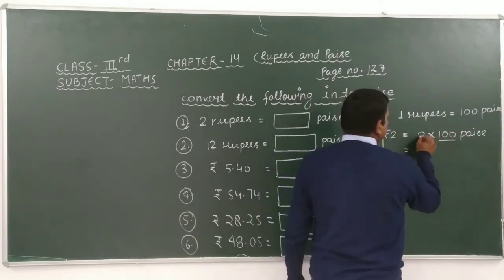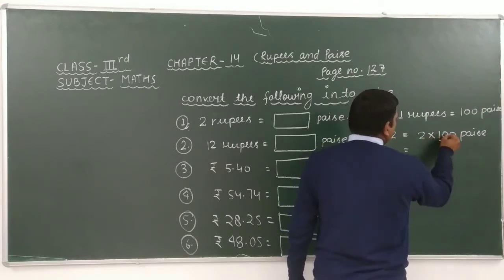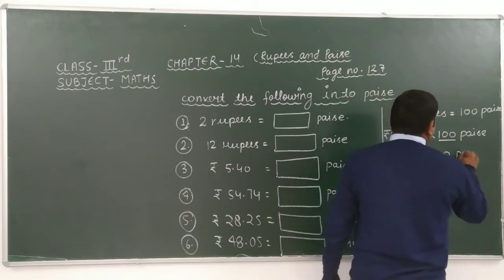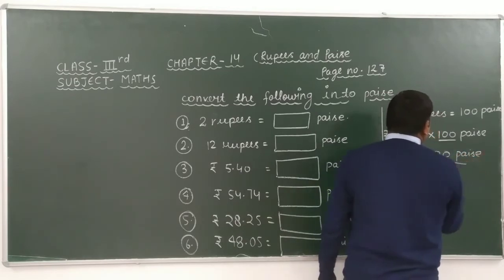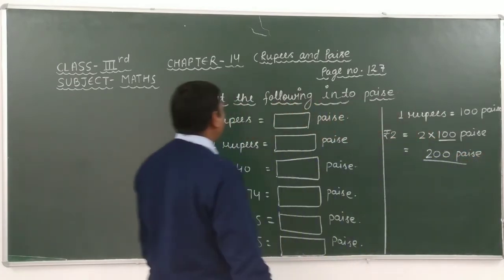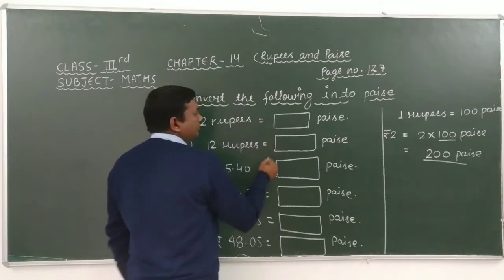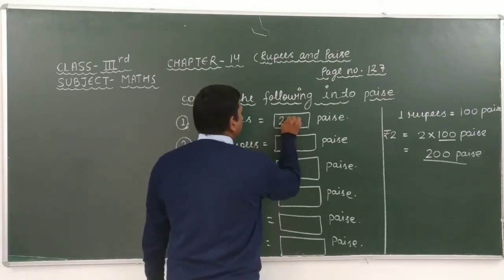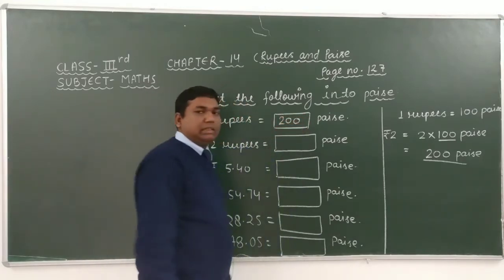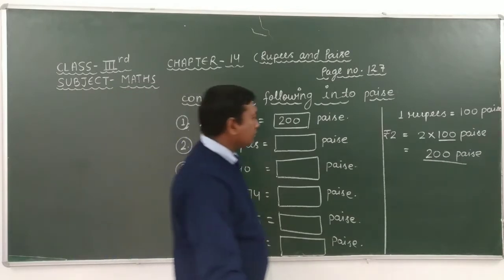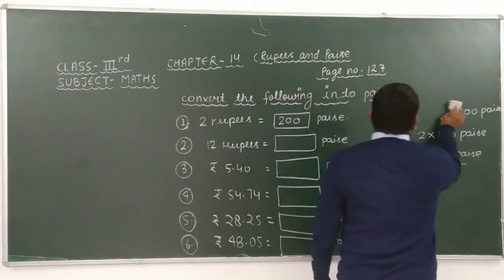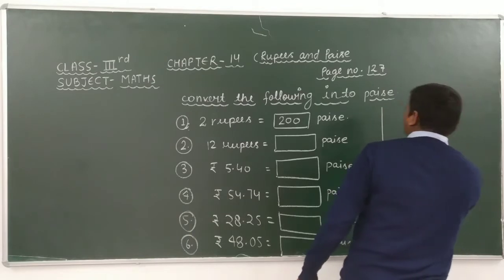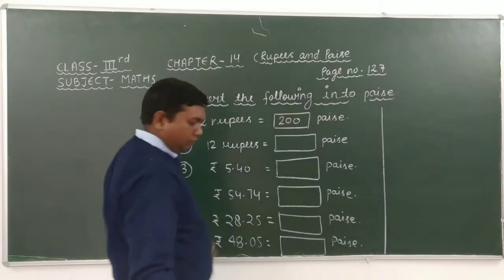After multiplying these we get 2 zeros are 0, 2 zeros are 0 and 2 ones are 2. Here we get 200 paise. Therefore we can write 200 paise. Understand? Okay. Now let's start question number 2.